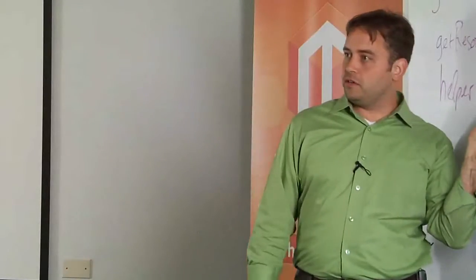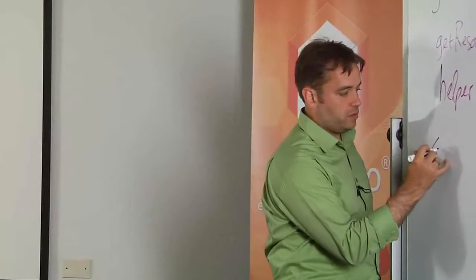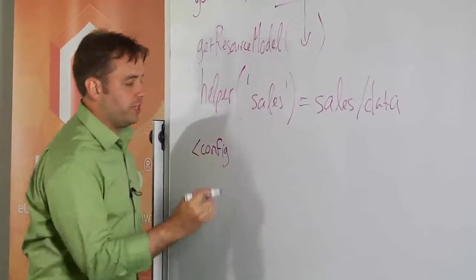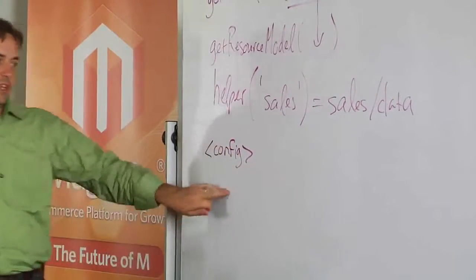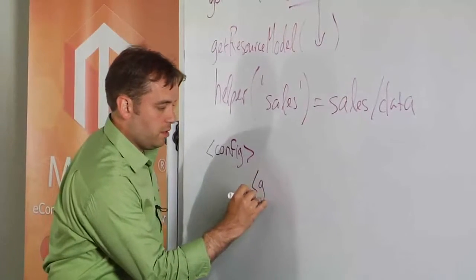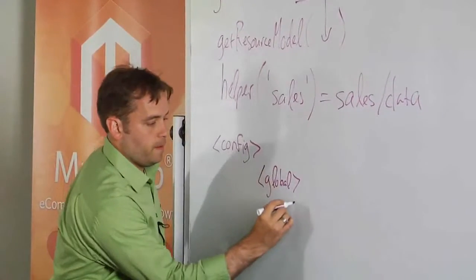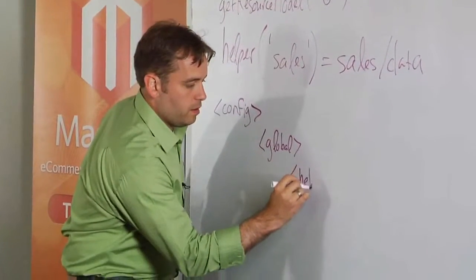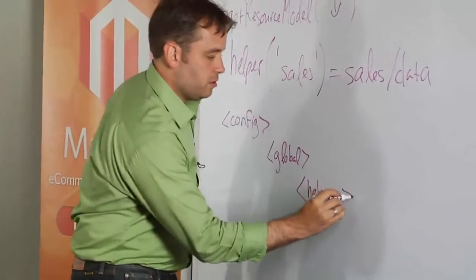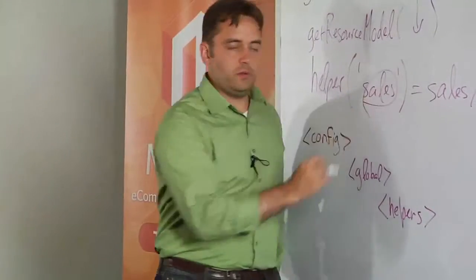This sales here will actually map to a configuration file, or hopefully, anyway, the config object will look in config, global, helpers, for a node with the value sales.